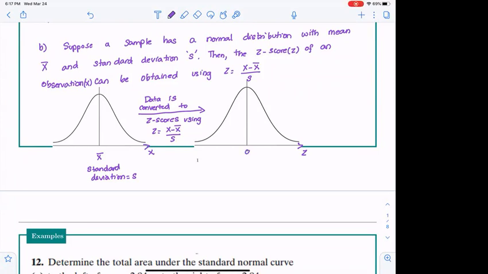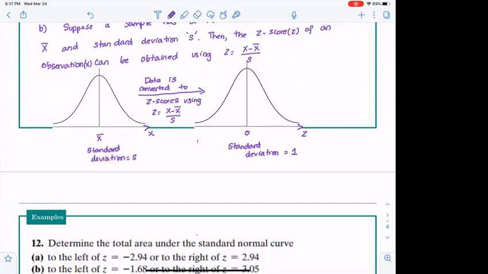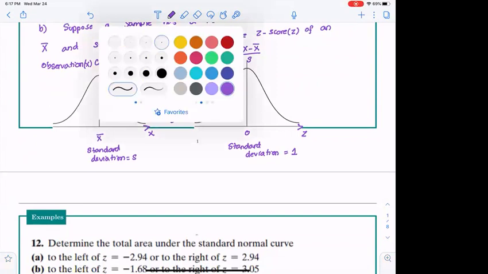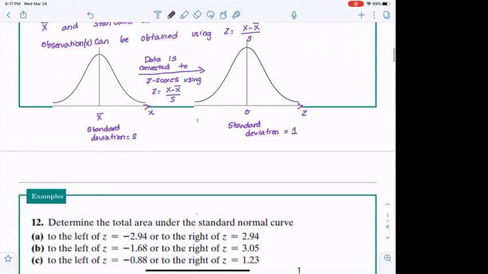The standard deviation that we started with, S, now would end up being 1. So on the left-hand side, we have a normal distribution with mean x bar and standard deviation S.